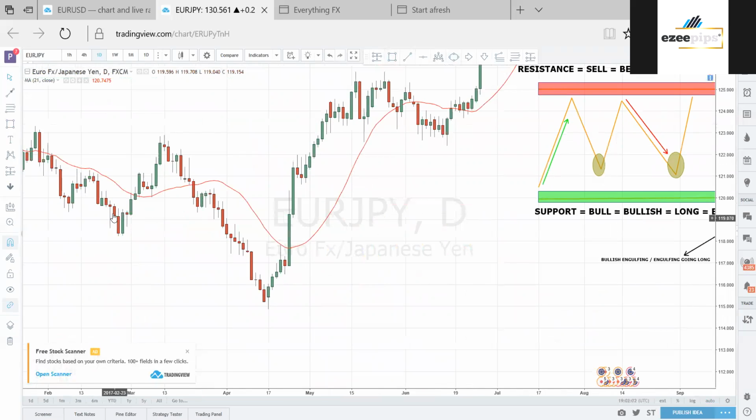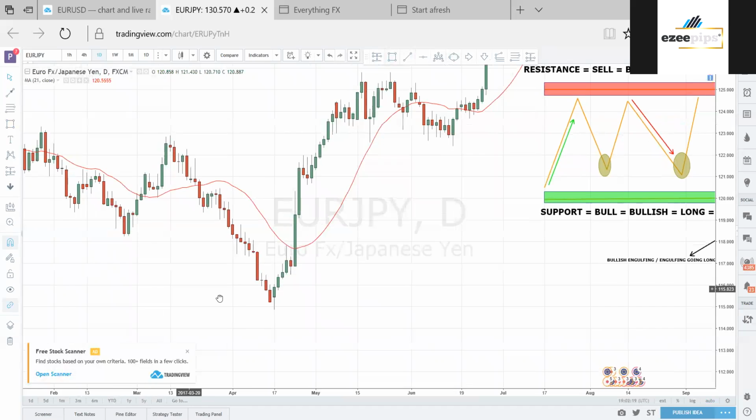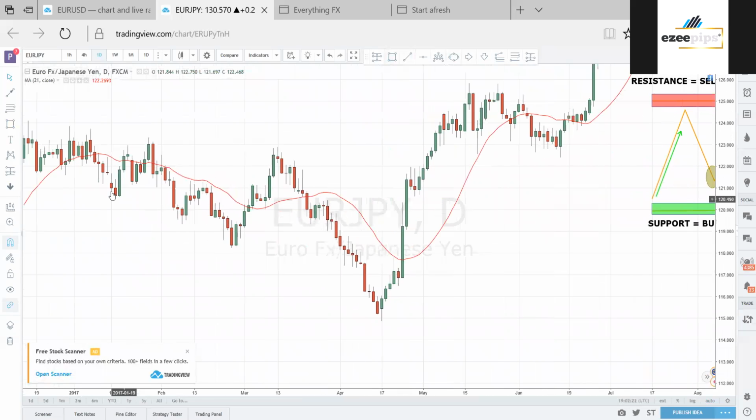This is a level of support. What do you see? Small red, big green, which means what? Buy. You've made money. A level of resistance. Big green, small red, meaning sell. Money made. Level of support. Small red, big green, buy.